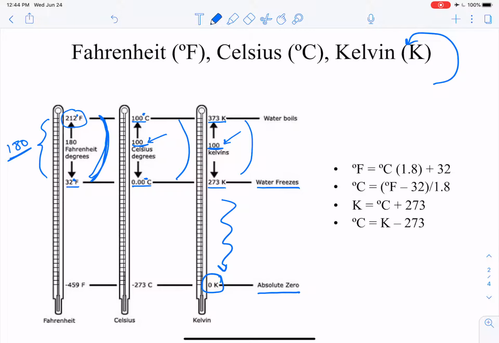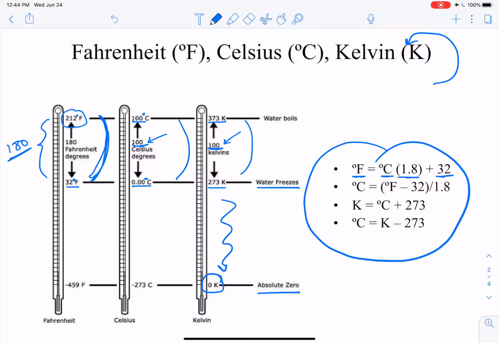Over here on this side, what you'll notice is equations for going between the different temperature scales. So if you would like to have your temperature in Fahrenheit, but you have it in Celsius, what you do is you would take your degrees in Celsius, multiply it by 1.8, and then add 32 to it.